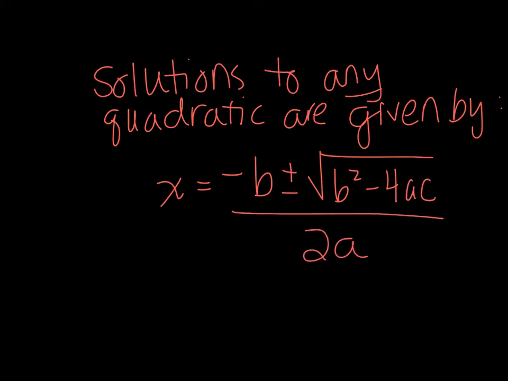So you'll take your quadratic and you'll plug in the a, b, and c values where it says to, and it'll literally give you your answers immediately. So let's take a look at an example of this.